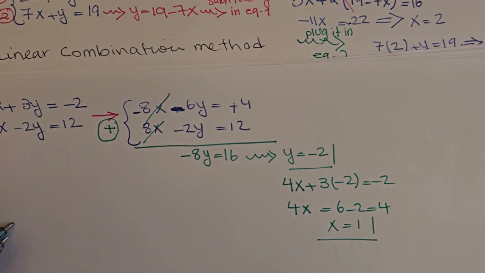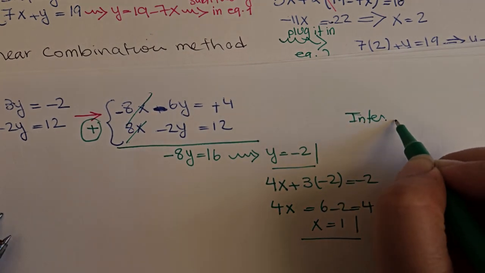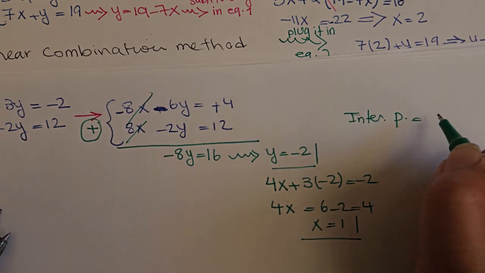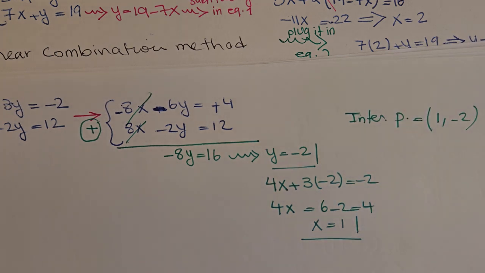So as you can see here, the intersection point, which for short I just put inter point, is equal to 1 and negative 2. That means if we graph these two lines precisely, the intersection point would be exactly occurring at 1 and negative 2.